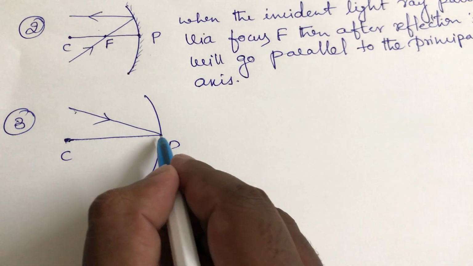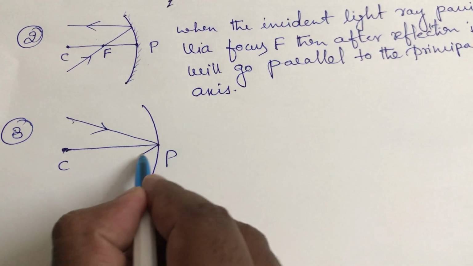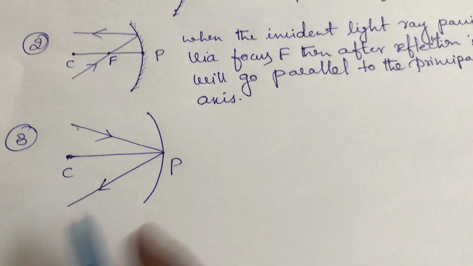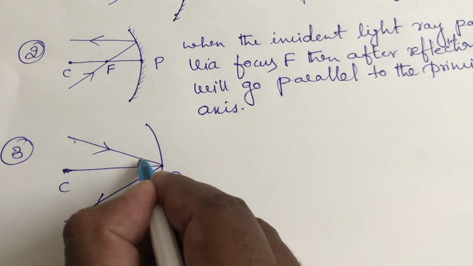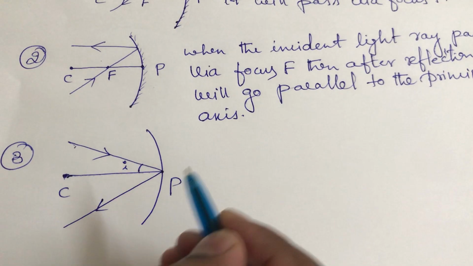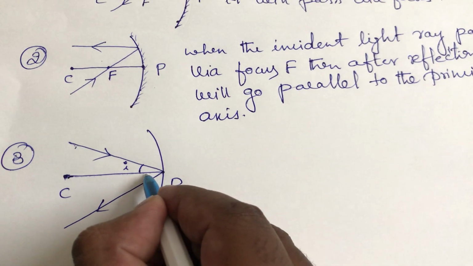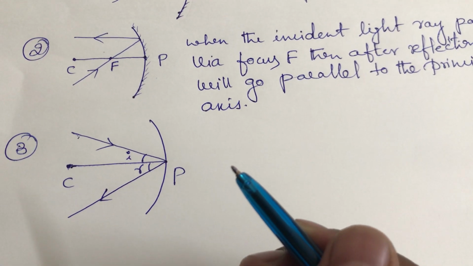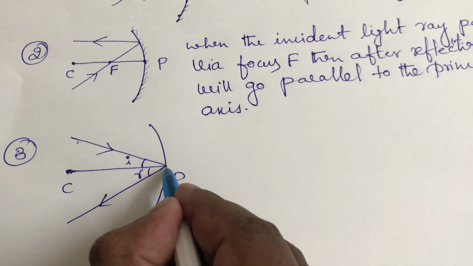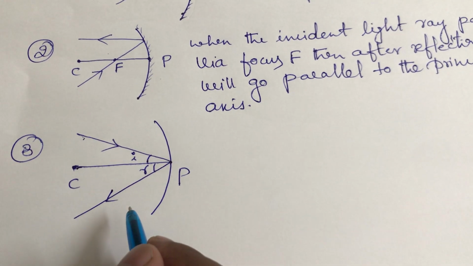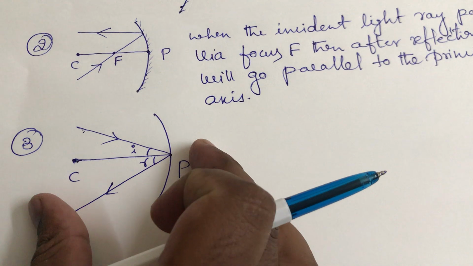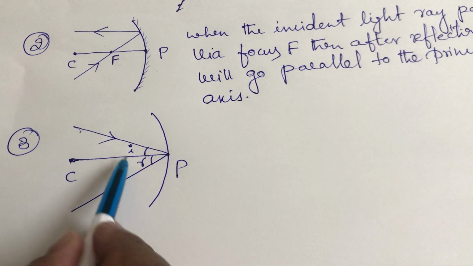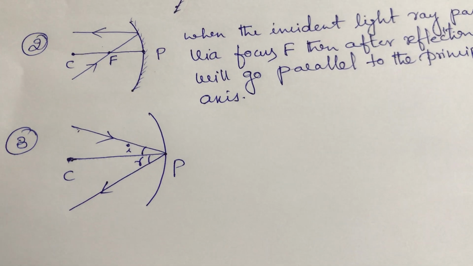After hitting the pole, it will reflect back like this. I'll call it angle of incidence I, and angle of reflection R. This will follow the laws of reflection, where the angle of incidence is equal to the angle of reflection.